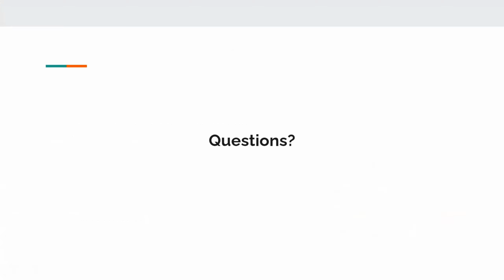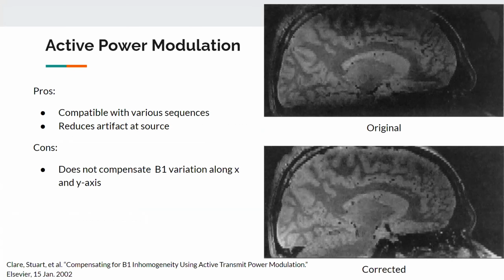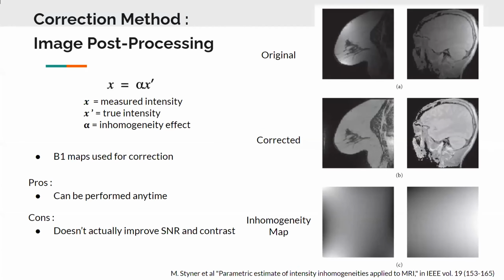I guess one question I had is, in that method where you're just dividing by the inhomogeneity map, isn't there a fear of blowing up noise? Like if you have really small values in the inhomogeneity map, is there any sort of regularization around that? There was another variable that included noise, and that would have to be filtered out before dividing by the map.